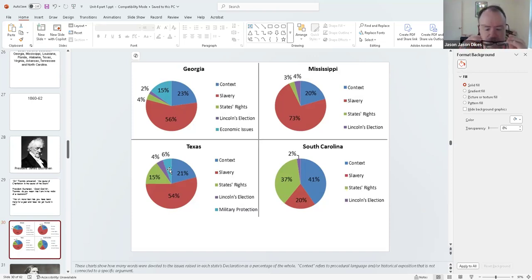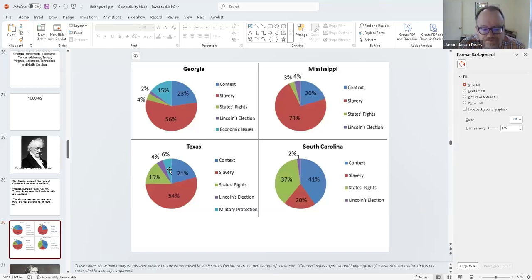It was felt that the U.S. military wasn't doing enough to protect Texans from the Comanche. But otherwise, you have a pretty similar range of reasons there. And you can read all that stuff on the internet for yourself.